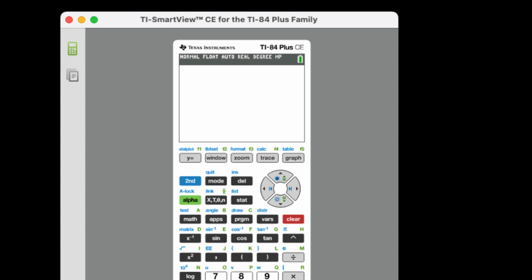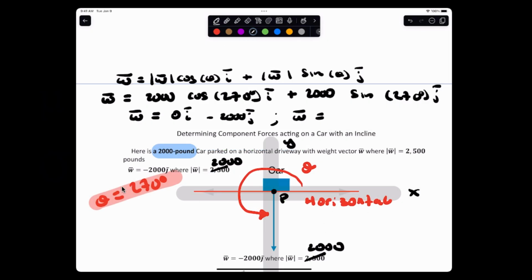So you can say, okay, 2000 cosine 270 with 2000 sine 270. So this becomes 0i minus 2000j. And so the weight vector will be, okay, we can see this weight vector, negative 2000j.